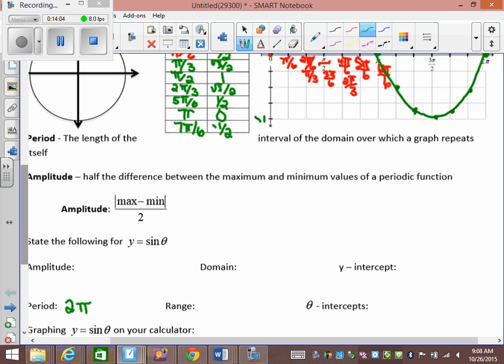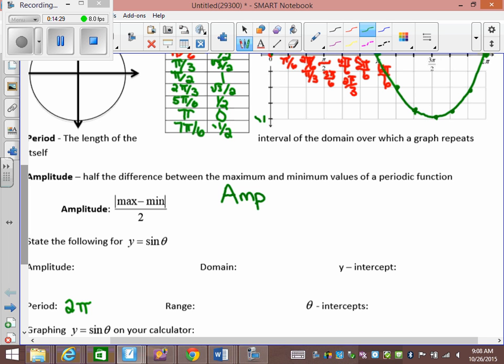Will there be absolute values on the max and min? What does an absolute value make anything do? Yeah, stay positive. What did I say the amplitude is? The distance from here to here, from here to here. The amplitude is always positive. This is the distance. So remember that.